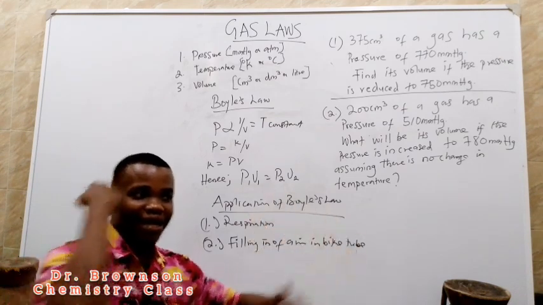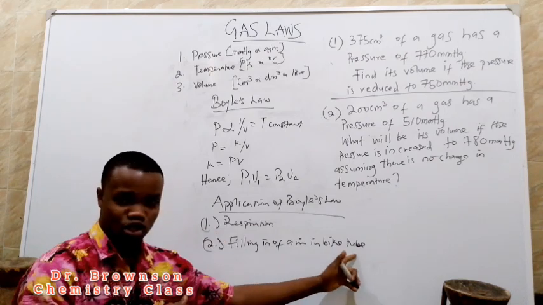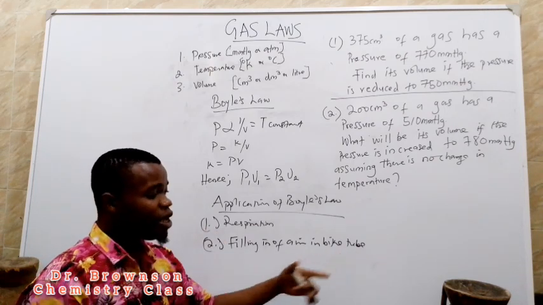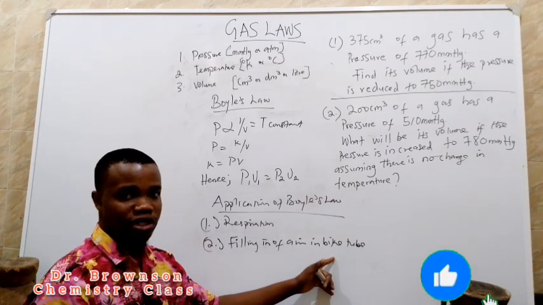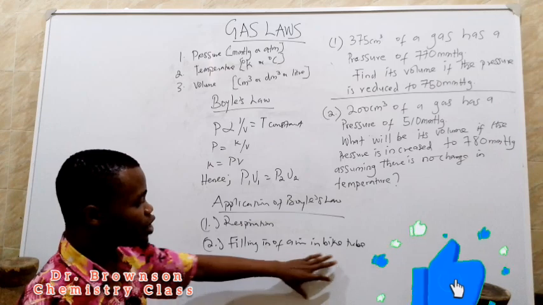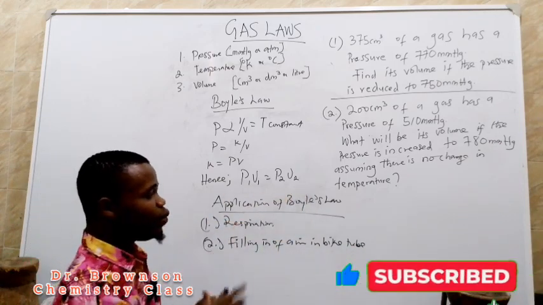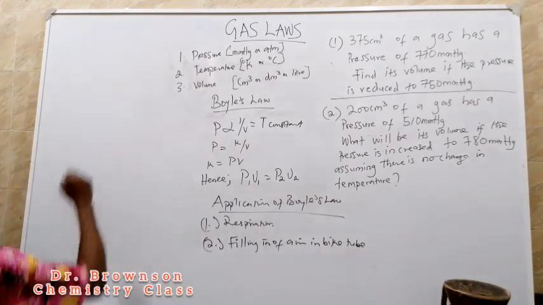So as you apply a greater amount of pressure, the volume of that air in the bike tube will get reduced. Now, if the volume increases, the pressure reduces. So that is the application of Boyle's law.